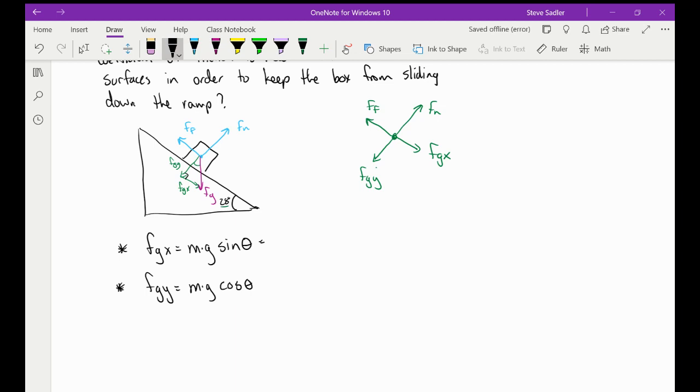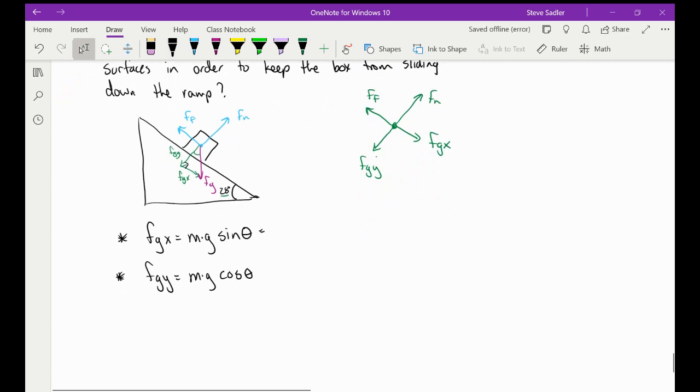All right, so we know the mass is 3 kilograms. So Fgx is going to be 3 multiplied by 9.81 multiplied by sine of 28, and Fgy is going to be 3 multiplied by 9.81 multiplied by cos of 28.